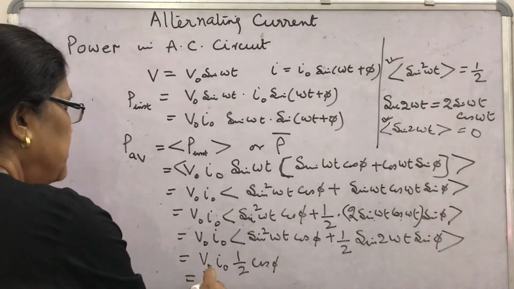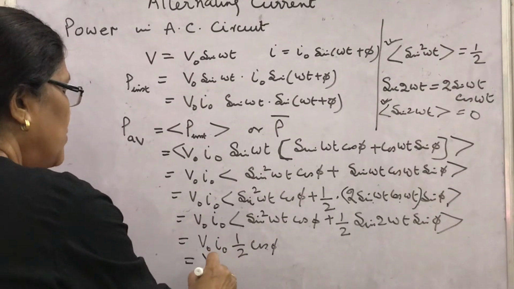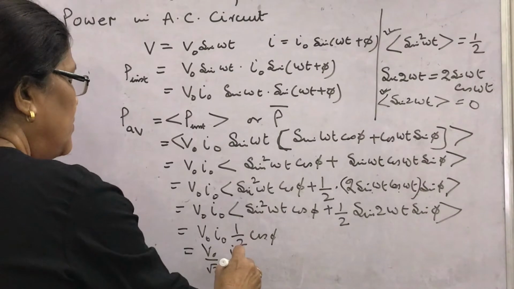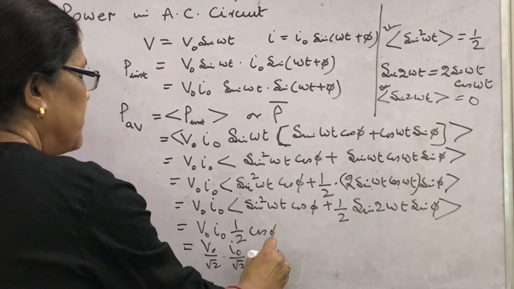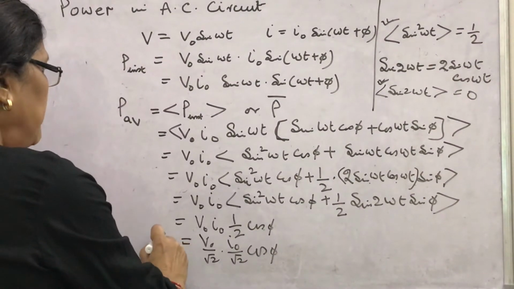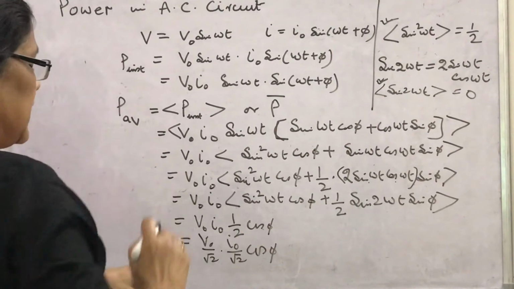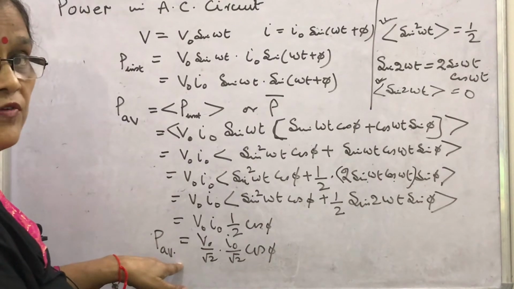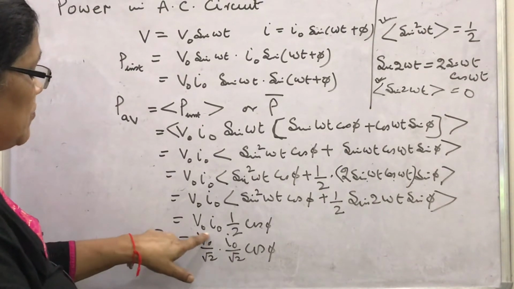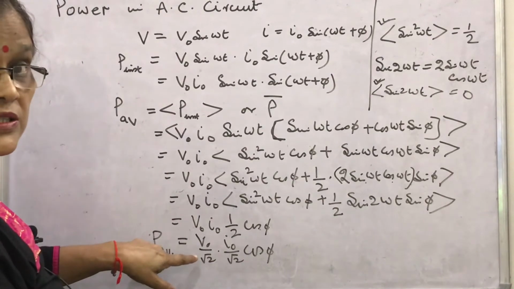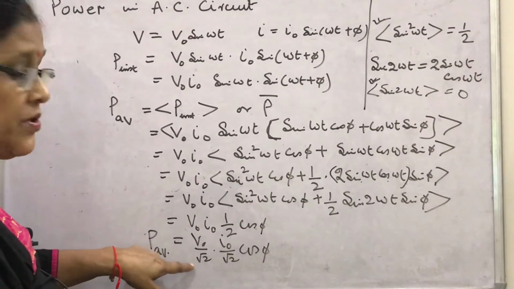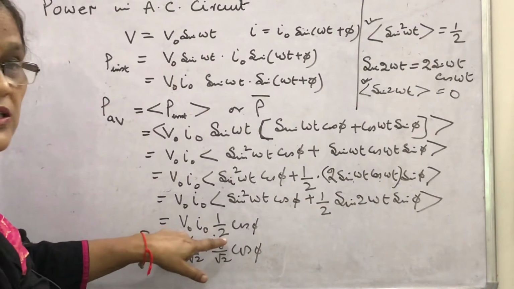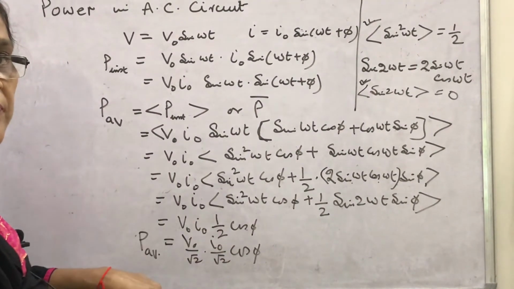This can be written as V naught upon root 2 into I naught upon root 2 cos phi. So what we have seen, this expression P average power for one complete cycle is V naught by root 2, naught is maximum value, upon root 2 is RMS, that is VRMS into IRMS into cos phi.